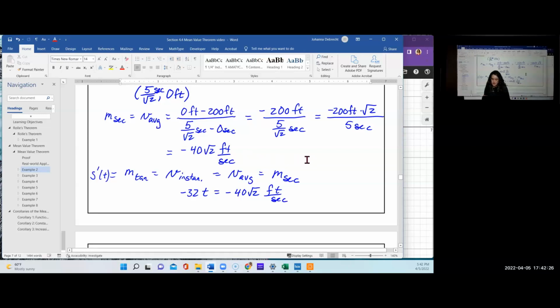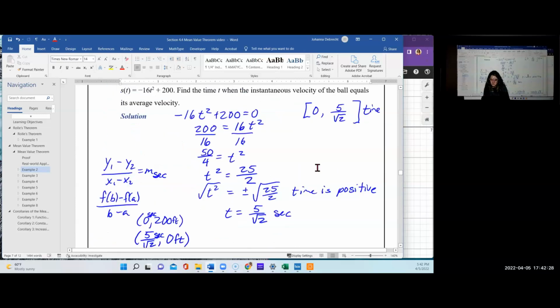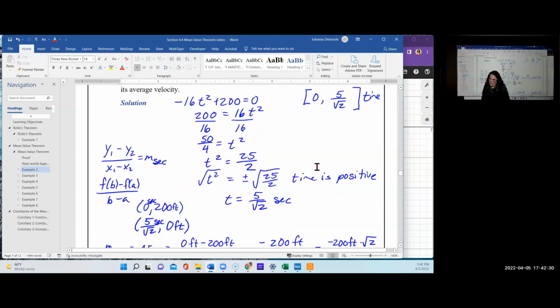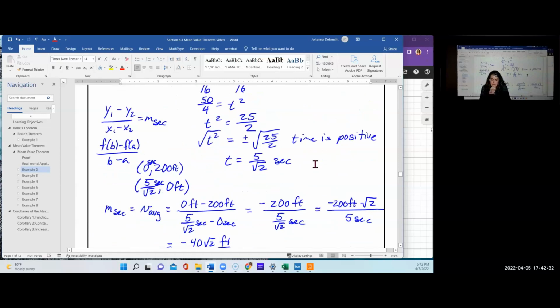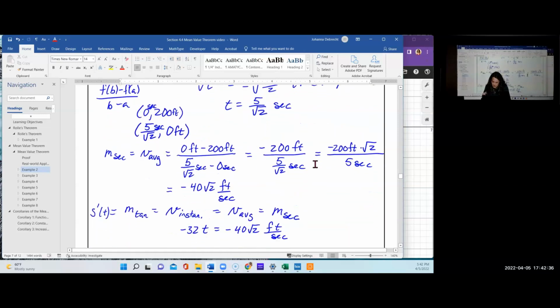So now I'm going to have units attached to it, which should be feet per second squared. So let me scoot this over a little bit so that we can see what it is. Feet per second squared. Remember that first term is coming from acceleration.